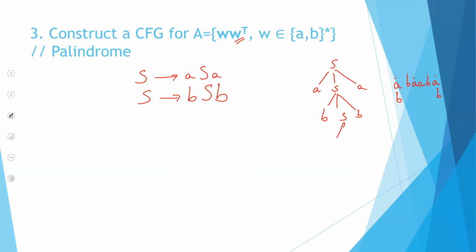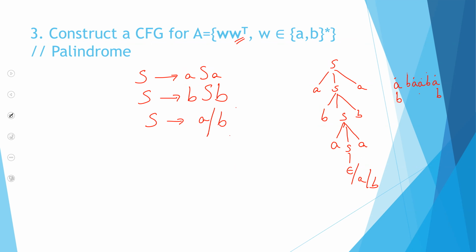If it starts with A, it should end with A. Or this can be epsilon. It can be either epsilon, or it can be an A, or it can be anything. So this can be either an A or a B or an epsilon.